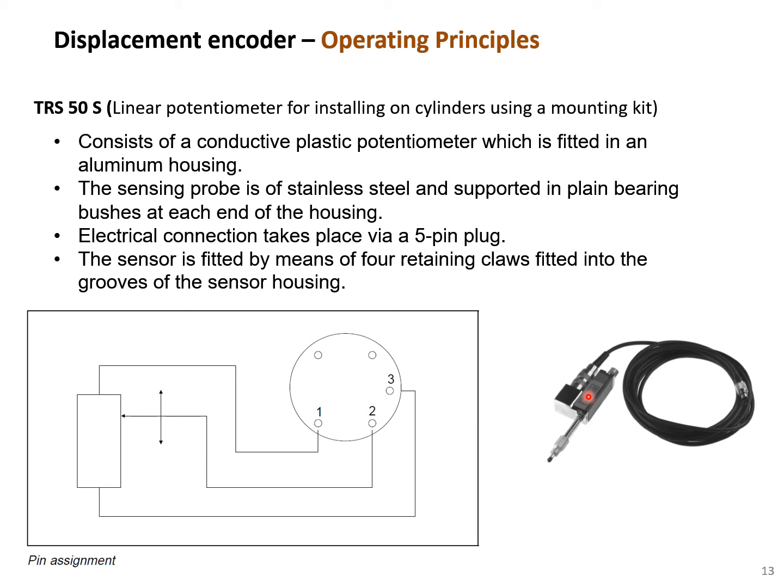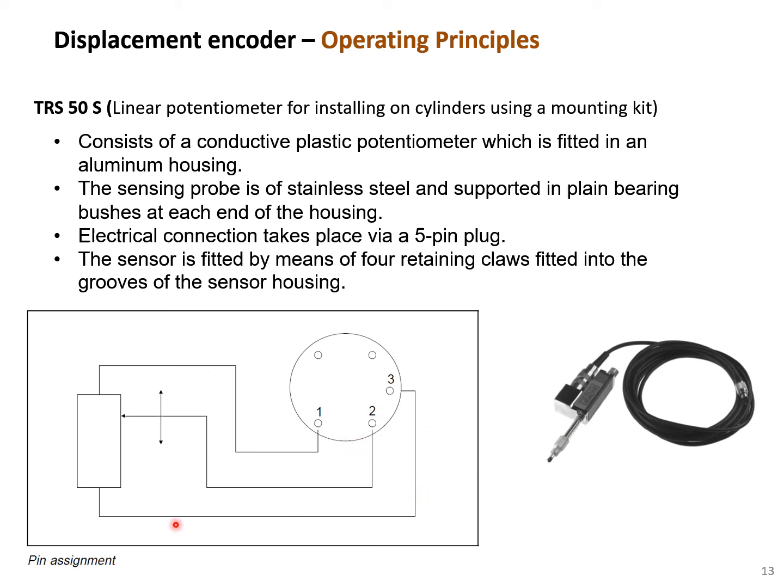Electrical connection takes place via a 5-pin plug, and you could change the configuration of the sensor. The sensor is fitted by means of 4 retaining claws fitted into the grooves of the sensor housing. So it's all about how to mount those sensors.